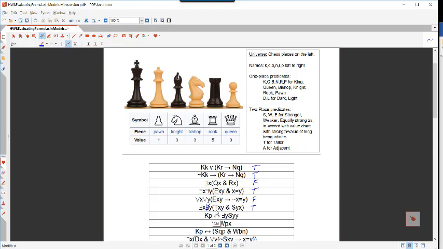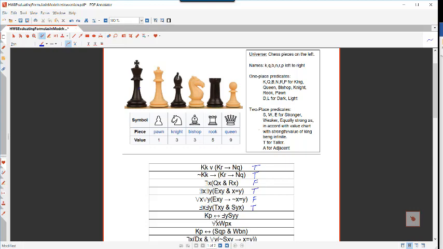Because we know the tallest thing on the board is the king, right? So this says there exists an x such that for all y, x is taller than y. And you might say, okay, well, that's the king. But it's not the king, is it? You know why? Because the king is not taller than itself. So since nothing is taller than itself, it cannot be true that there is something that is taller than everything.